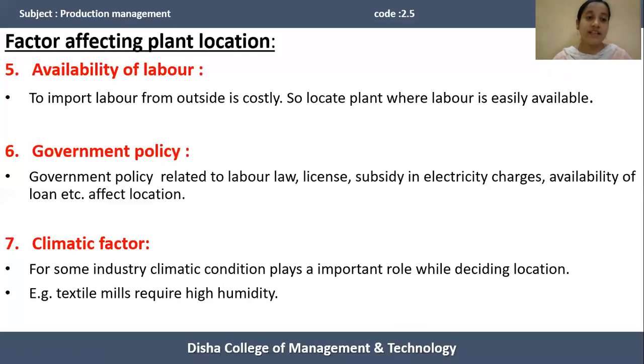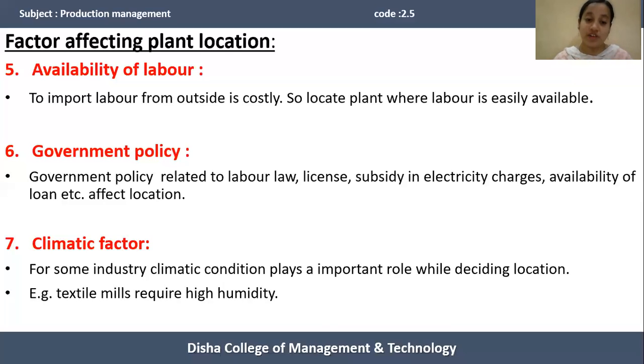Next factor that affects plant location is the climatic factor. For some industries, climatic condition plays a vital role. Means some industries have to identify a location by considering the climatic condition of that particular area. Take the example of textile mills.